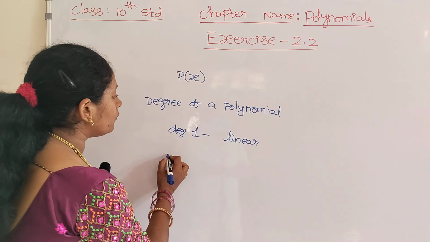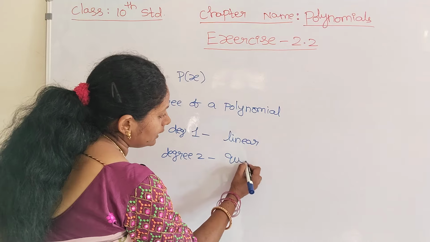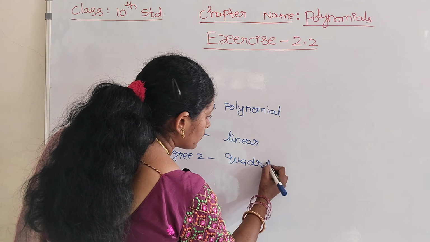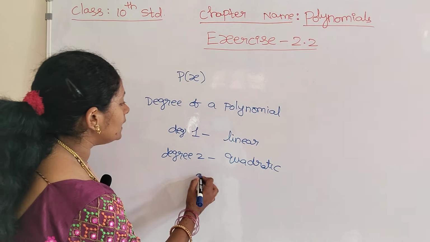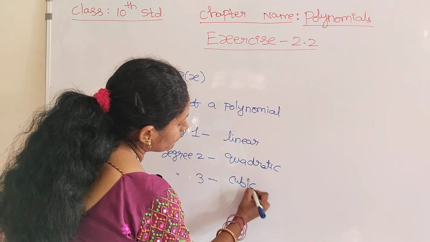A polynomial of degree 2 is called a quadratic polynomial. A polynomial of degree 3 is called a cubic polynomial.